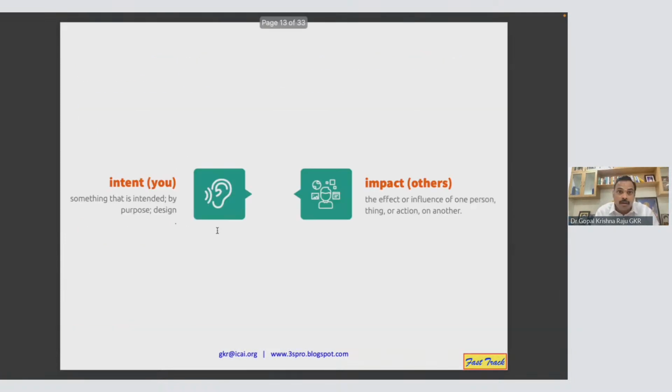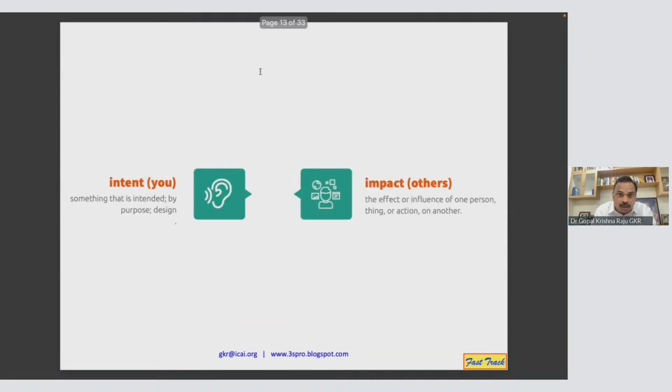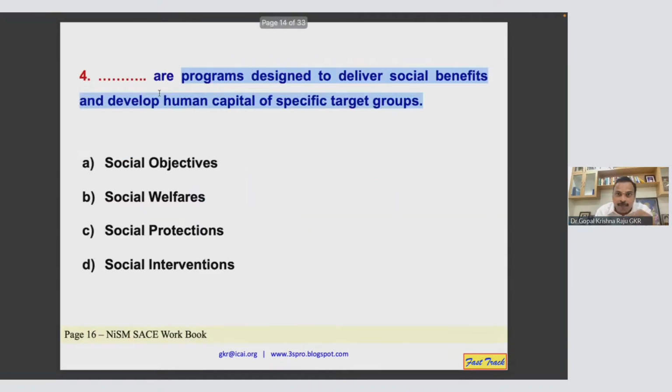Good. Now, what are programs designed to deliver social benefits and develop human capital of specific target groups? Now I'm speaking about the impact, not intent.